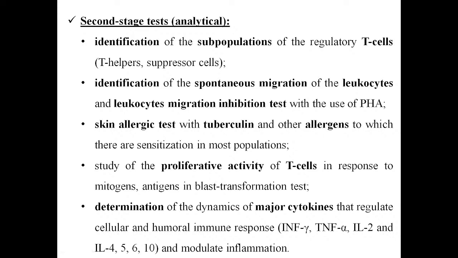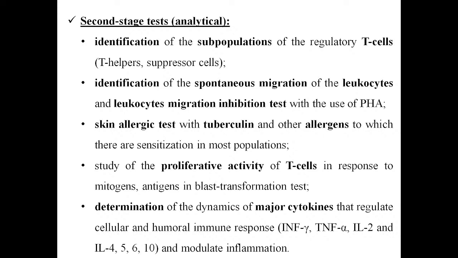They are analytical. They allow to see which immune mechanism is destroyed, which immune mechanism is not active. What is level of immune deficiency? Second stage test includes identification of the subpopulations of the regulatory T cells. So in first stage tests, we detect amount of T cells.